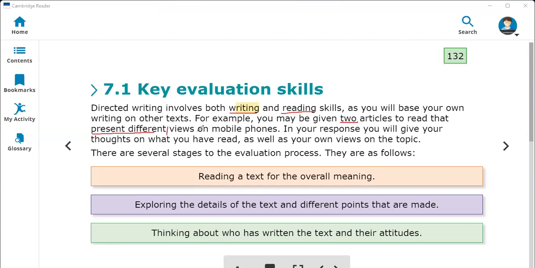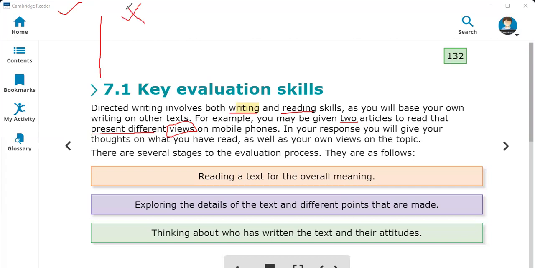Somewhere the ideas are in favor of mobiles, and somewhere the ideas are against mobiles. So what you should do is make a list of the ideas in the text which favor mobiles, and make points from the text which go against mobiles.